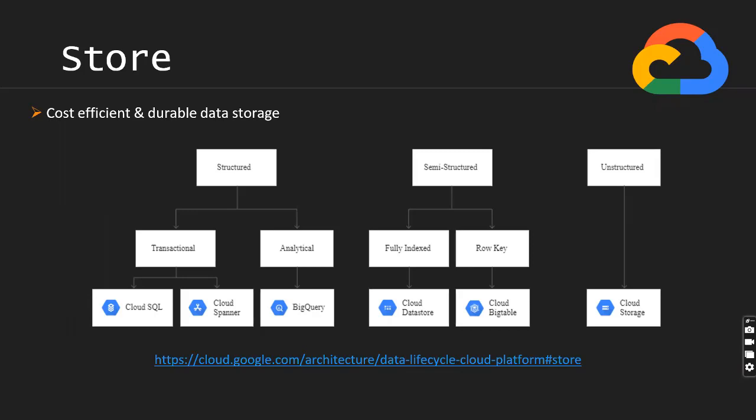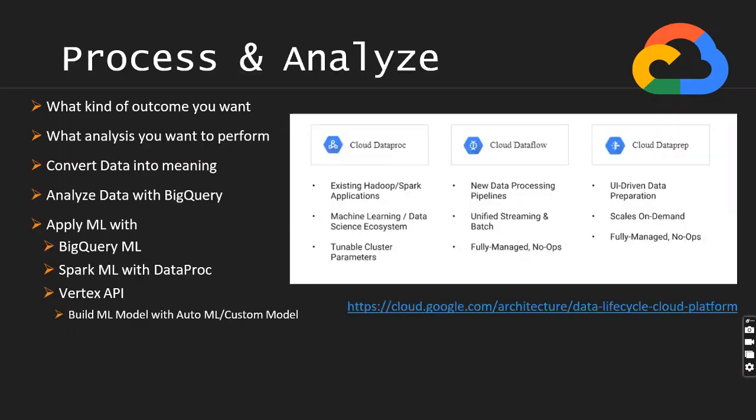For unstructured data, there is Cloud Storage, where inside Cloud Storage you will have buckets where you push block storage volumes or your files, PDF documents, all those things, onto Cloud Storage, GCP storage.